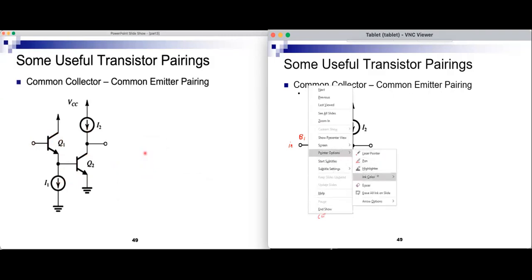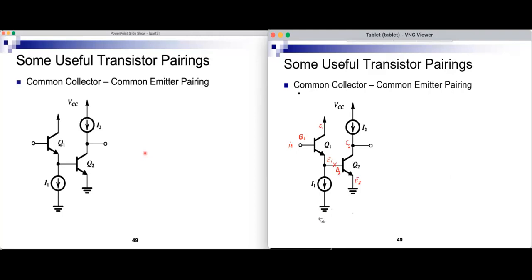Okay, so when we compare with other configurations, we need to set some reference, and the reference usually is the common emitter. The common emitter, when I use one transistor, has very good characteristics.